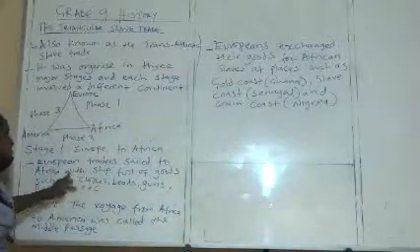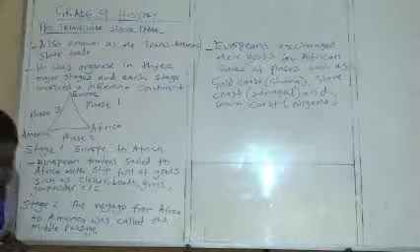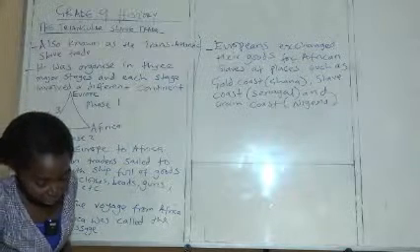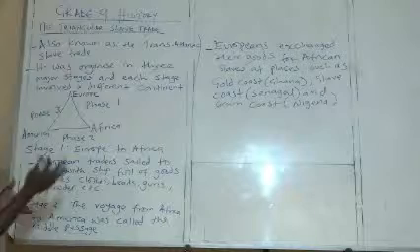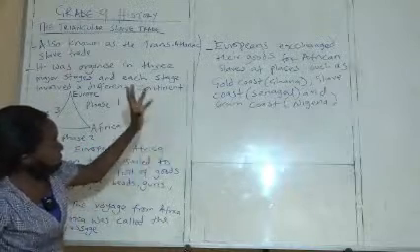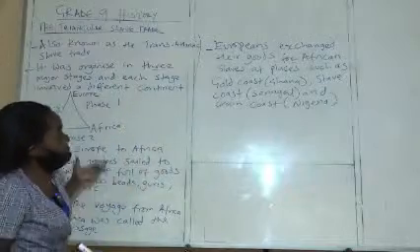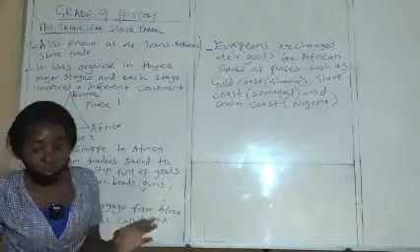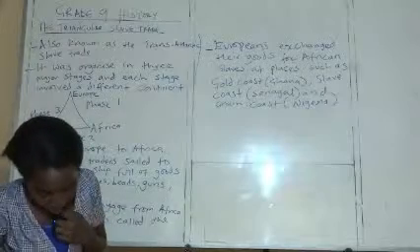Okay, so you're saying in the second stage, Europeans exchanged their goods for African slaves at places like today's Ghana, Senegal, and also Nigeria.